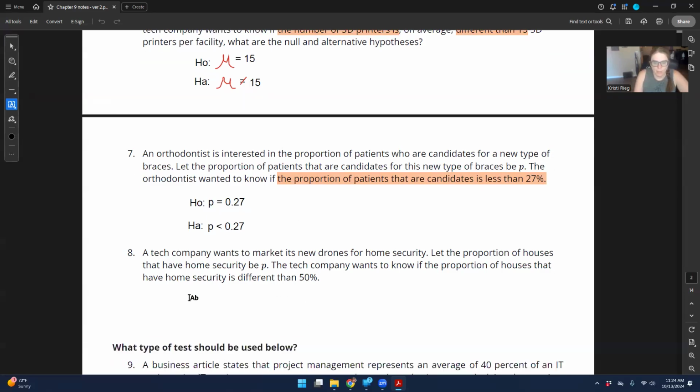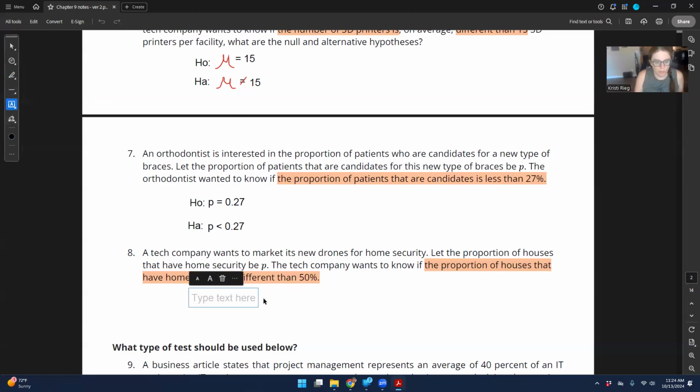Okay, last one. The tech company wants to market its drones for home security. Let the proportion, so this is a proportion problem, be P. The tech company wants to know if the proportion of houses that have home security is different than 50%. Okay, so we're going to do our not equals again.